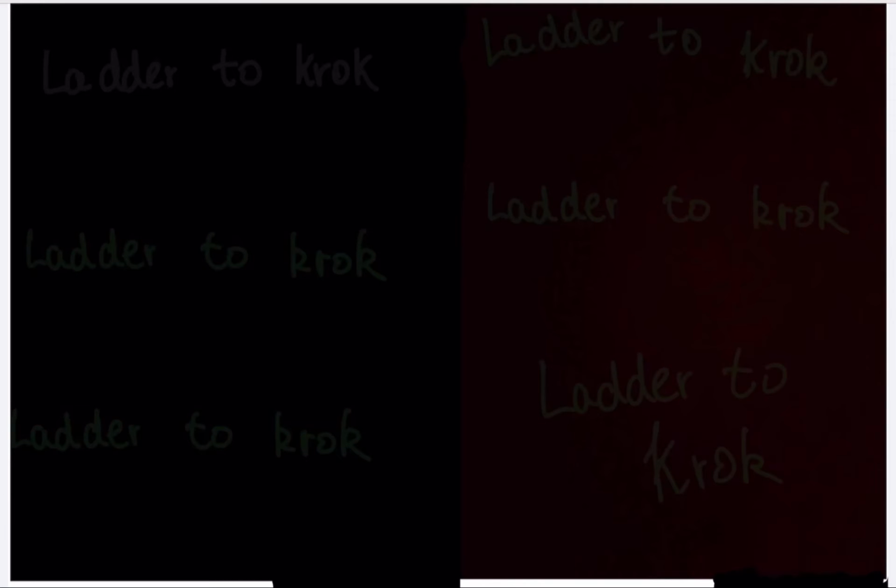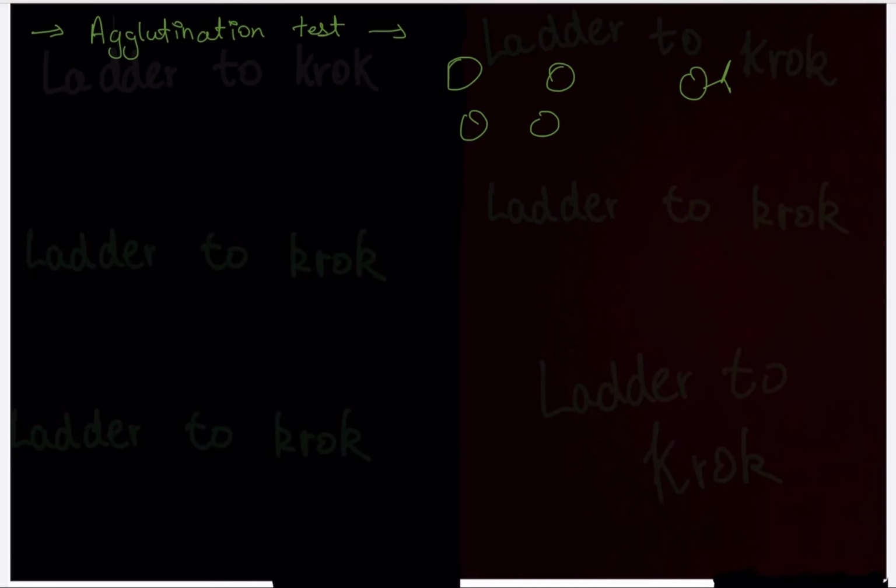Now our next part. Here we will discuss some tests that are commonly asked. So the first one is the agglutination test. In this test, usually what happens is the antibodies will clump. Imagine this is the antigen, and suppose these Y shapes are antibodies.